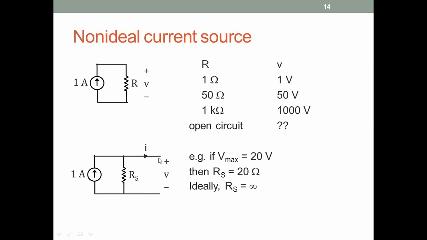These are the external terminals of the current source. Even if these are open circuited, the voltage across the current source is limited to Rs times I, so Rs volts. It does not become infinite because now we have a non-ideal parallel resistance across the current source. In an ideal current source, this Rs will be infinite.